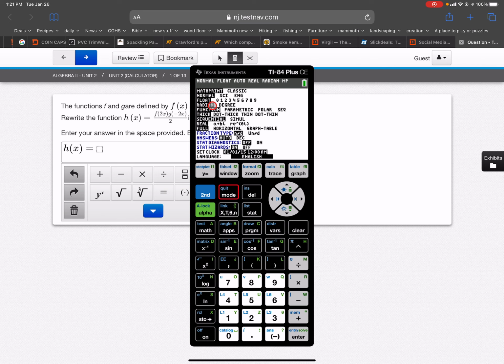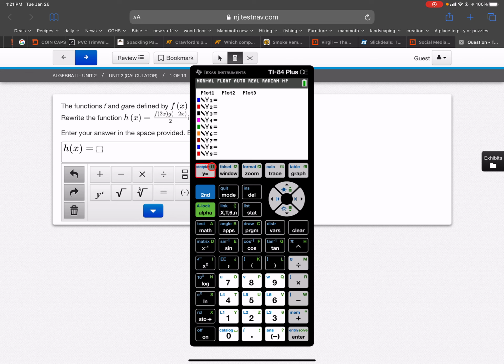If you're not, your answers are going to come out weird. So one function is going to be sine x. So do sine, your x is here, and parentheses, down arrow. Then I'm going to do sine 2x, and the parentheses.